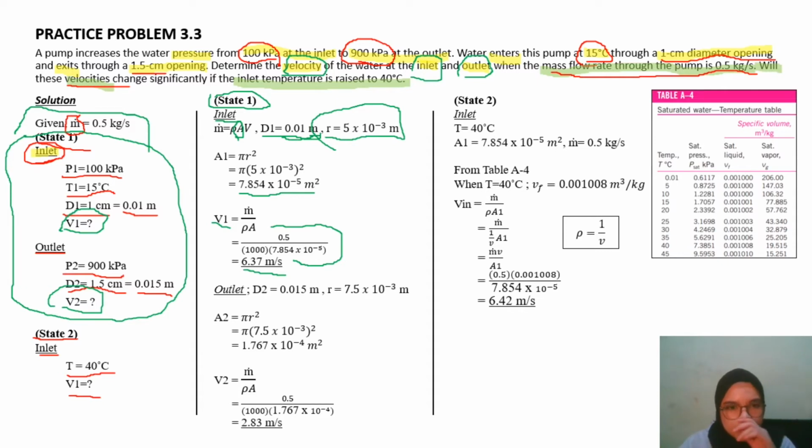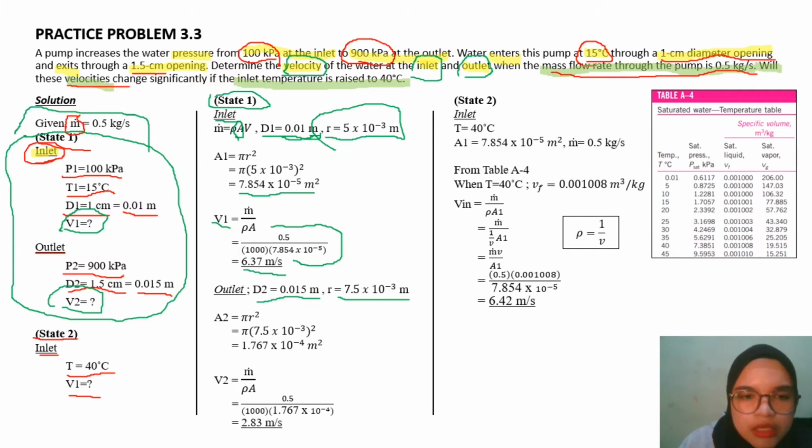Also, for the outlet, the question wants us to find the velocity outlet. We can use the same method as we found the velocity inlet. So we just proceed. The information given is D2, which is 0.015 meter, and the radius is 7.5 multiplied by 10 power of negative 3 meter.